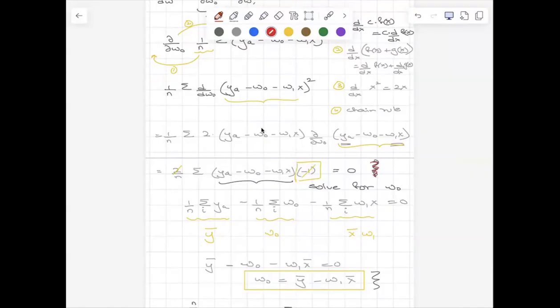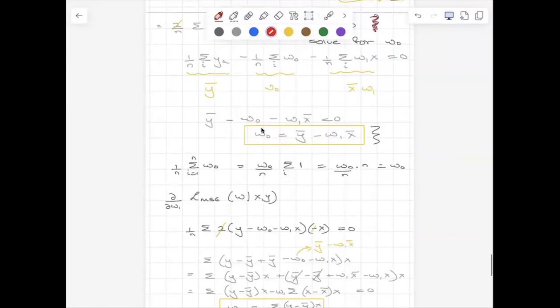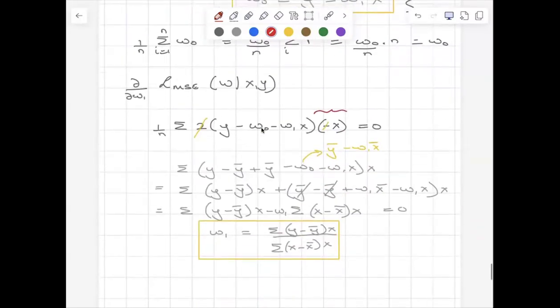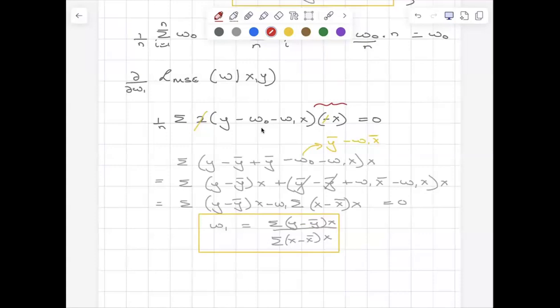If I take the partial derivative with respect to w1, instead of that -1, I get a negative x, right? And after that it's just algebra. I remove the minus, I remove the 2, I remove the 1 upon n. I substitute w0 that I'd calculated before, y bar minus w1 x bar, right? And then after a bit of manipulation, this is just algebra, I get w1 is summation y minus y bar into x divided by x minus x bar into x.